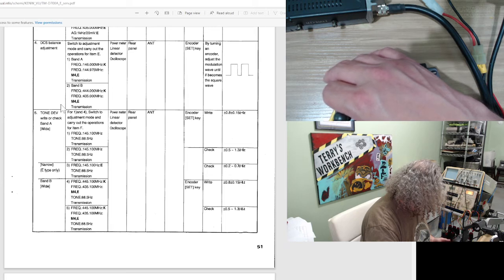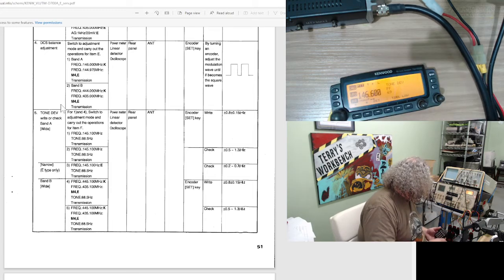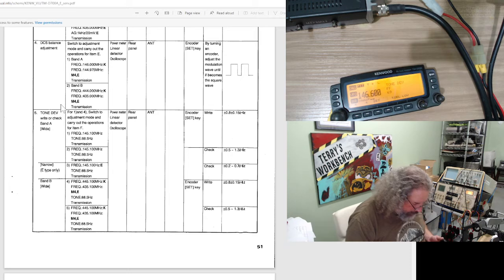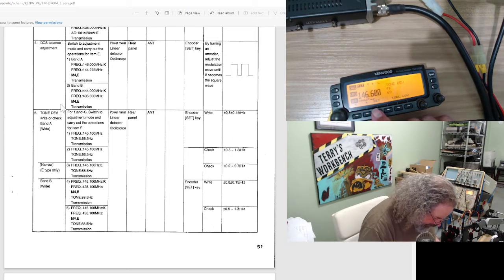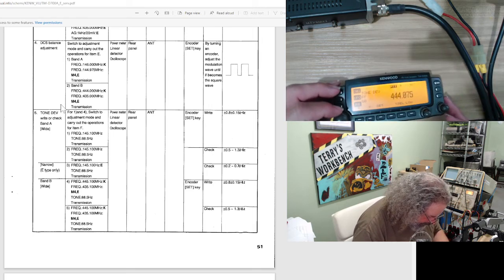All right, there we go. Yeah, we're a solid 0.8. That's what it looks like on the scope. So we'll go ahead and set that. And I'm going to do that same level on this side.